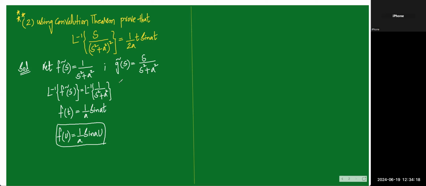Similarly, taking Laplace inverse here also, g bar of s is equal to Laplace inverse of s by s square plus a square.